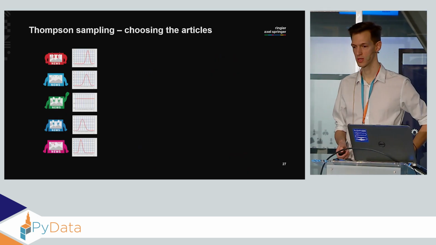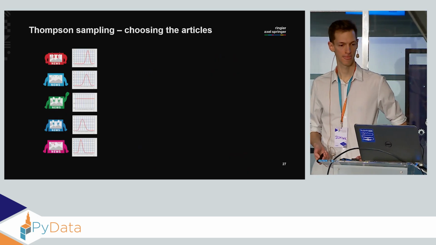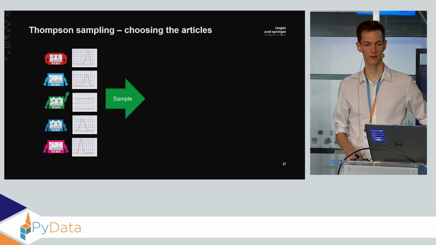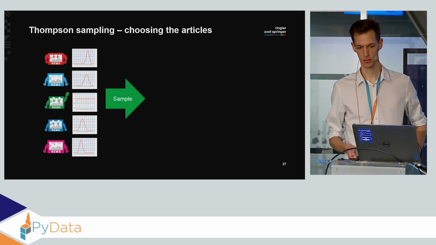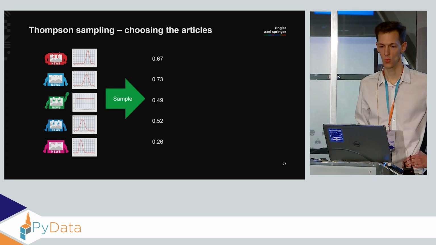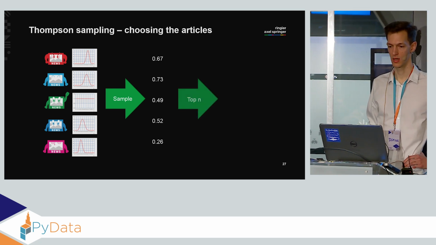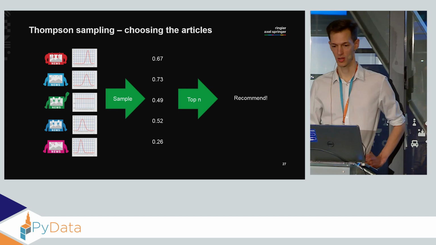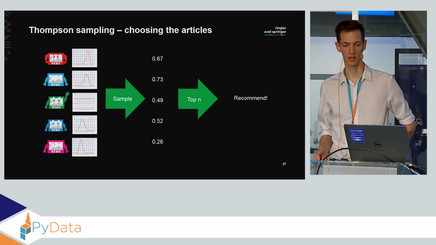And how do we choose the articles in each time step? We simply have to sample from each of the articles' distributions. So we obtain some samples, then we sort them, and just select the top K articles.